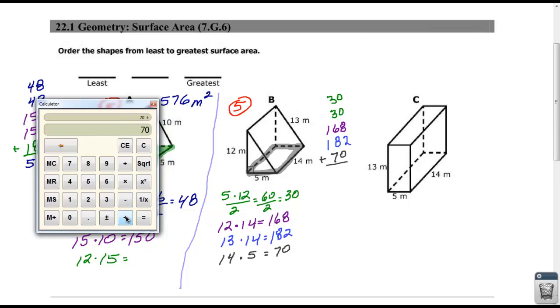So 70 plus the 182 plus the 168 plus a 30 and one more 30. You can see my calculator has 1, 2, 3, 4, 5 numbers in it now. All of that equals 480. So this figure is 480 meters squared.